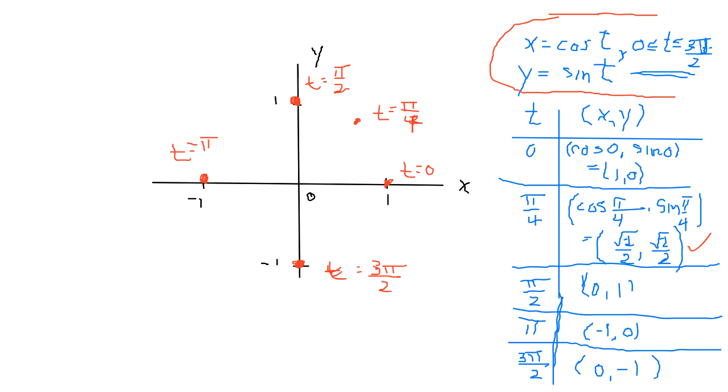So now let's trace out the path that this insect makes. And let's put an arrow on the path to show the direction that the insect is going.